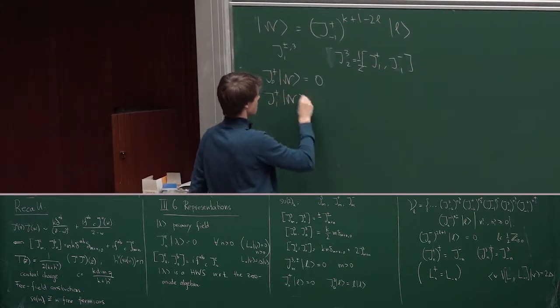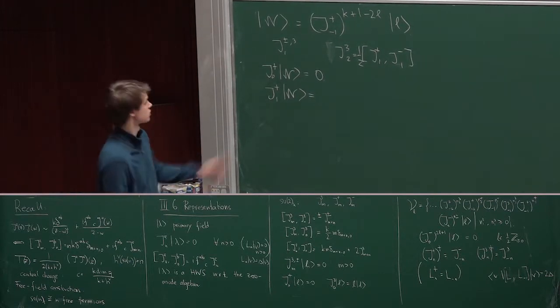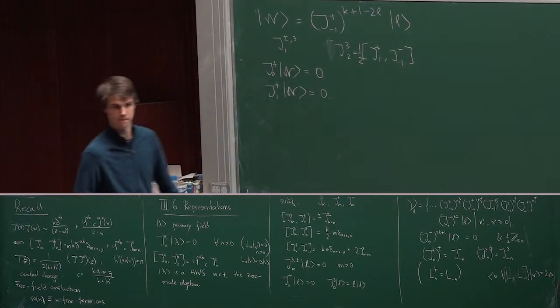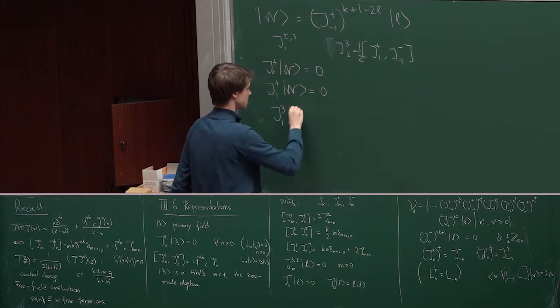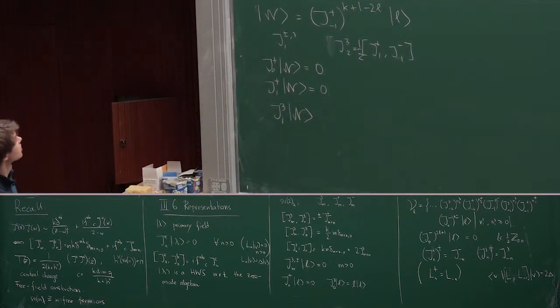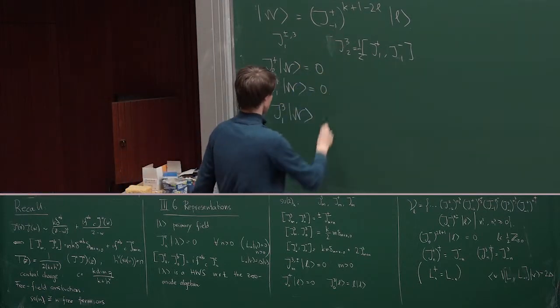Similarly, J_1^+ is very easy because plus always commutes with plus. So the J_1 just goes through, hits the state, and gets 0. Okay, so let's increase the complexity. Let's act with J_1^3. Now it's not obvious that you get 0, because there's a non-trivial commutator.